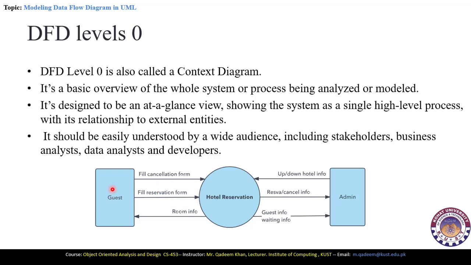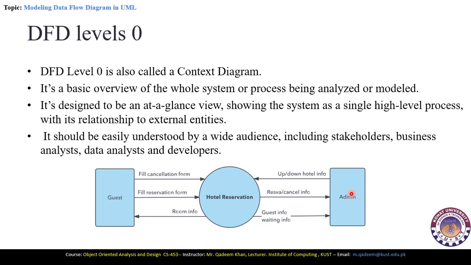The guest will first fill the cancellation form or fill the reservation form. So it means that the guest can reserve the room or he or she can cancel the room. After reserving or cancelling the rooms, the hotel reservation will provide room information to the guest.